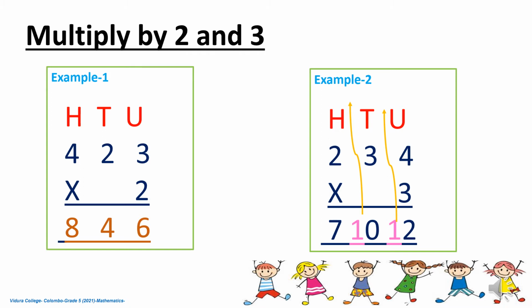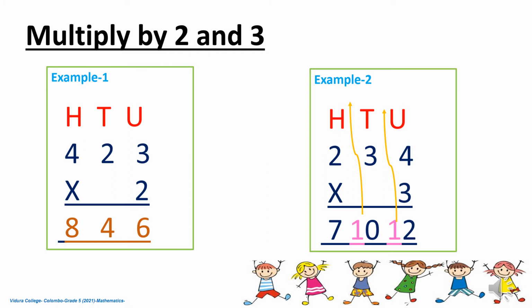See the second example. Once again you have a 3-digit number. So 3 place values are there. Let's start multiplication from the units column. 3 times 4 is 12. But can you write 12 under the units column? No. So let's keep 2 in the units column and take 1 over to the tens column. 3 times 3 is 9.